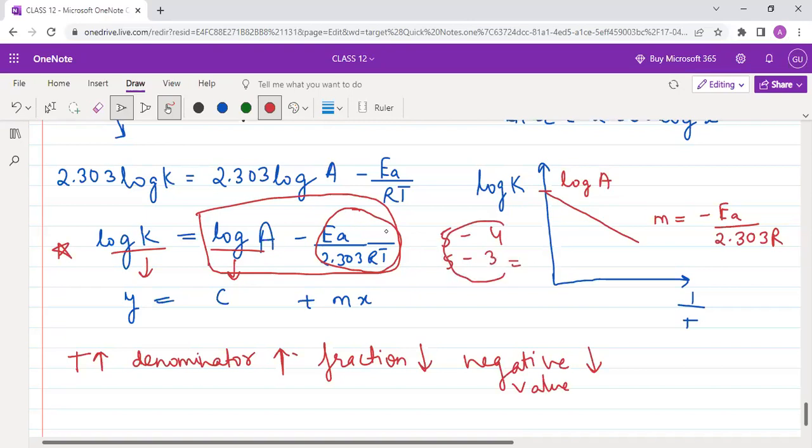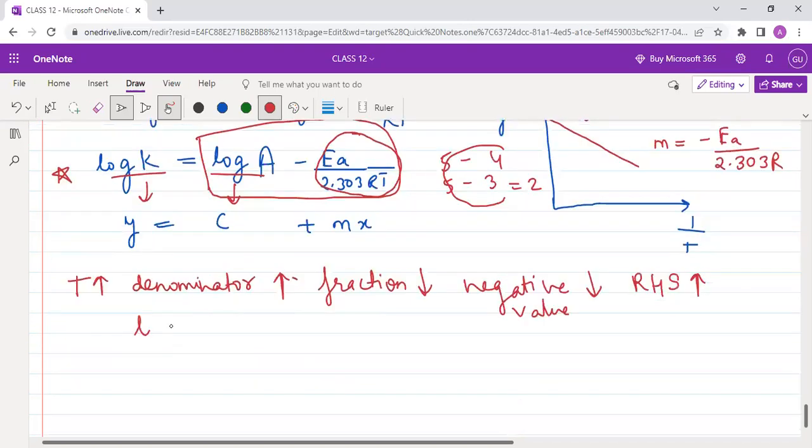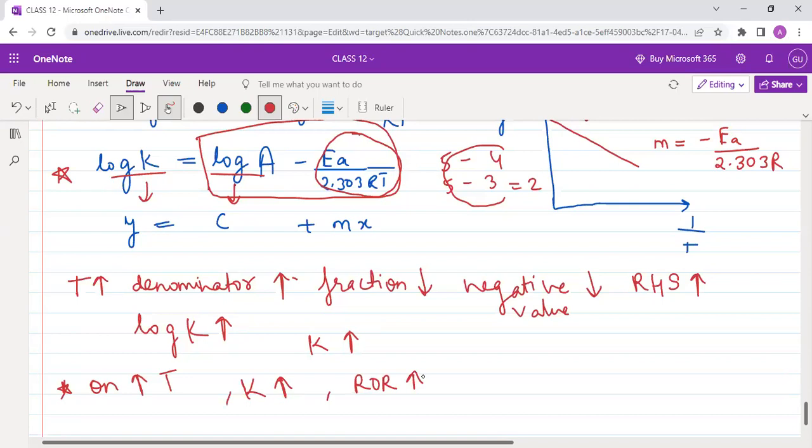So the overall answer on the right hand side will increase. That means the value of log k will increase, hence k will increase. So remember that on increasing temperature, the rate constant will increase and the rate of reaction will increase. Is it clear to you?